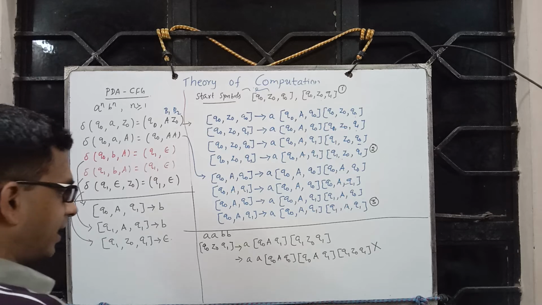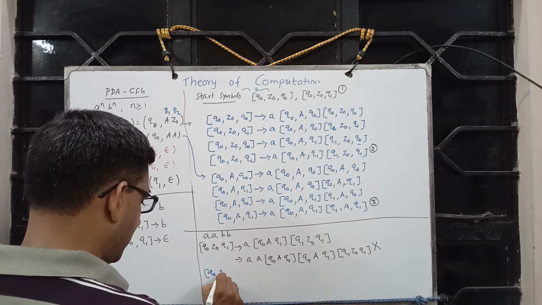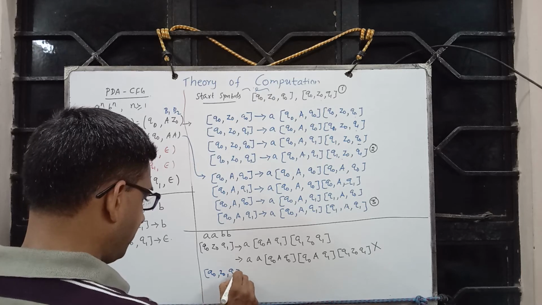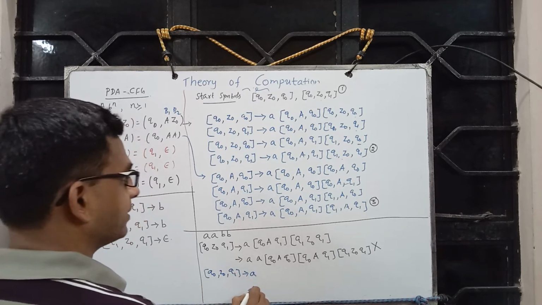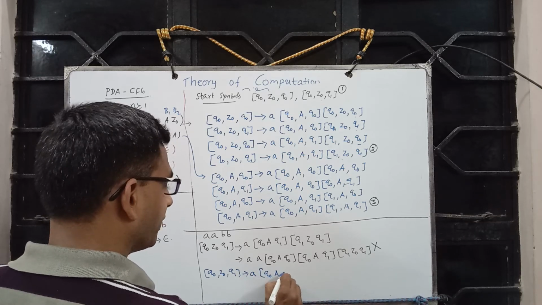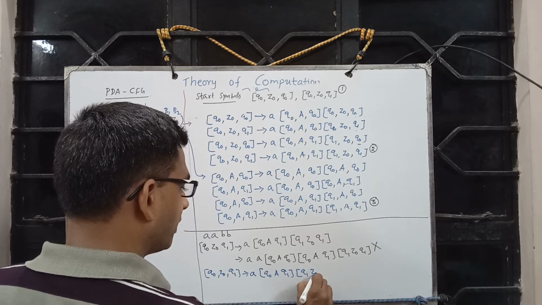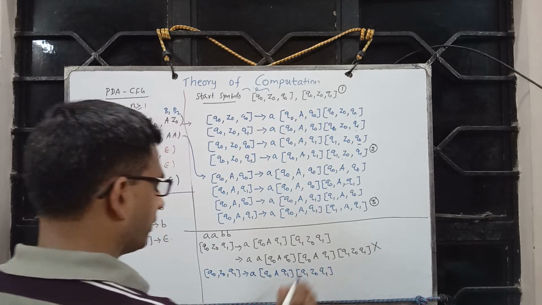So if we take that and derive, we will get Q0, Z0, Q1 implies A followed by Q0, A, Q1, Q1, Z0, Q1.